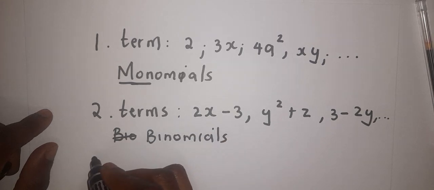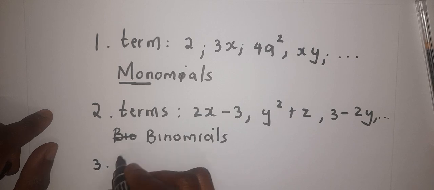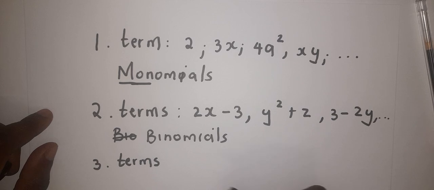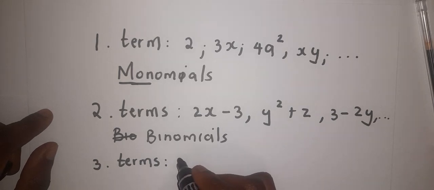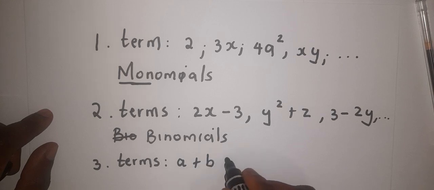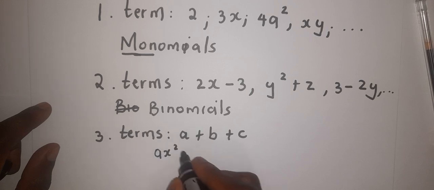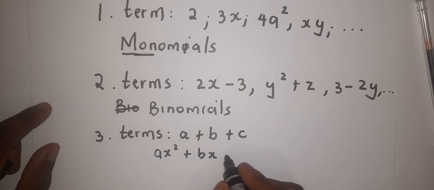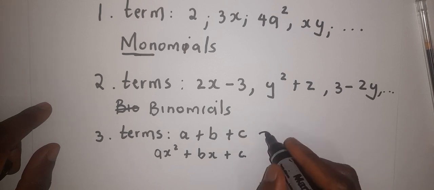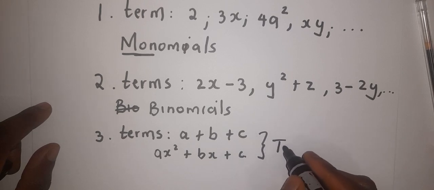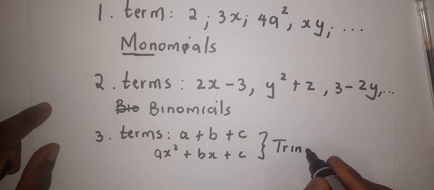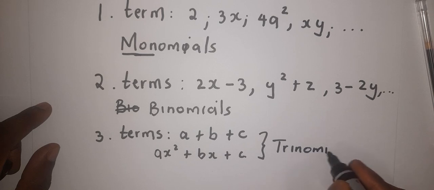And then lastly, we have algebraic expressions which have three terms. Examples include a plus b plus c, and the most common one would be ax squared plus bx plus c. These expressions are referred to as trinomials.